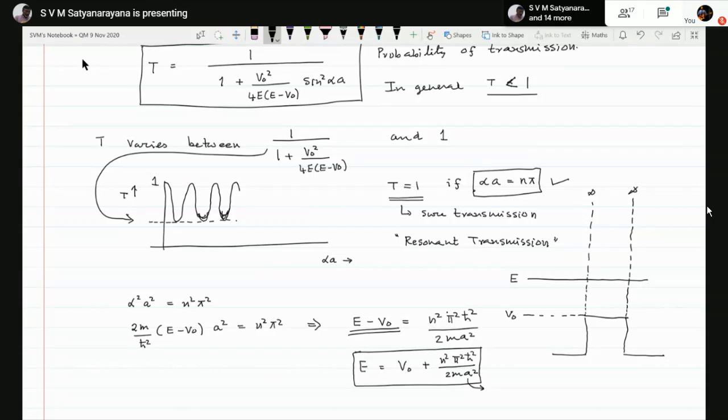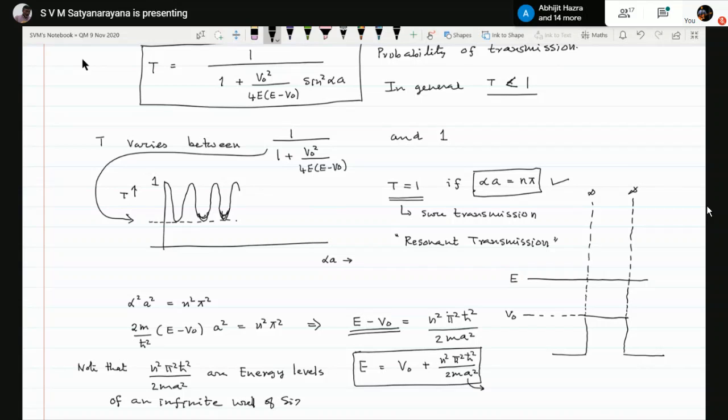So note that n square pi square h bar square by twice m a square are energy levels of an infinite well of size a.